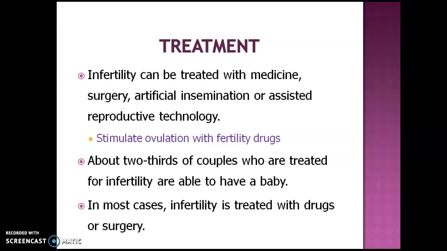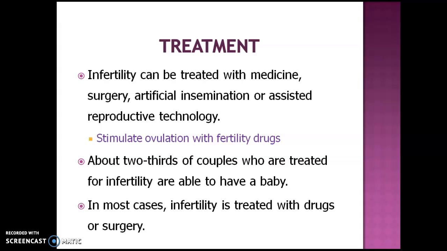Then fertility drugs are used. The components in fertility drugs stimulate the ovulation process in females. About two-thirds of the couples who are treated for infertility have a positive effect and have the opportunity to have a baby.